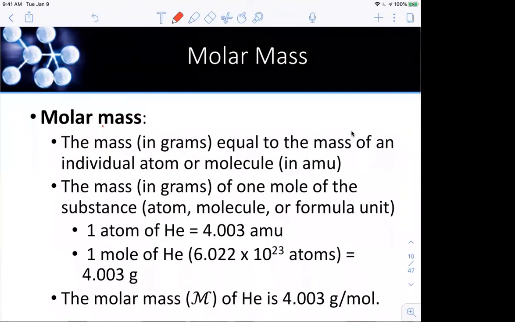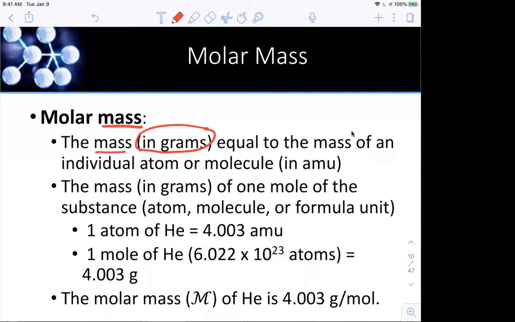So molar mass is the mass in grams that is equal to the mass of an individual atom or molecule in atomic mass unit. The mass in grams of 1 mole of that substance is going to be obtained off the periodic table or calculated using the formula for the molecule or the formula for the formula unit.